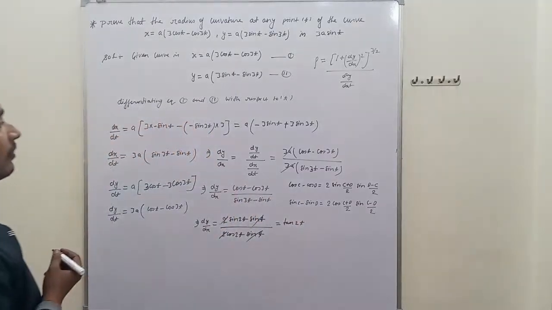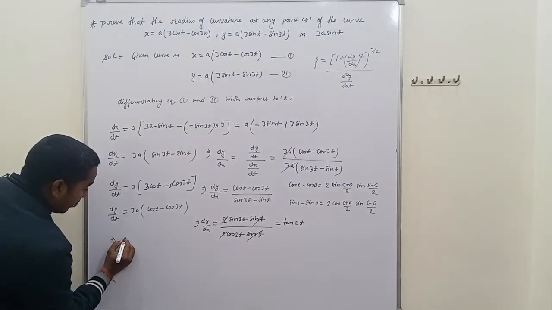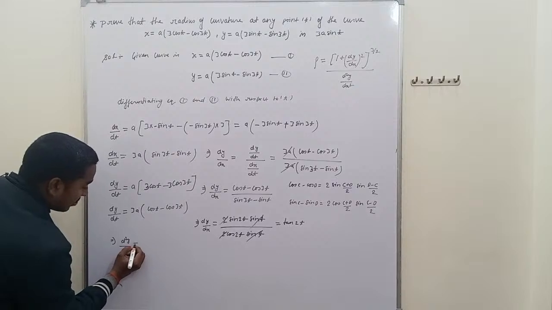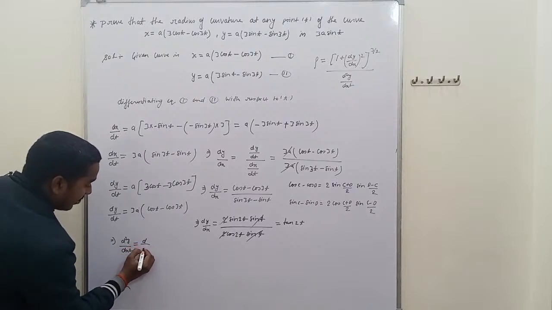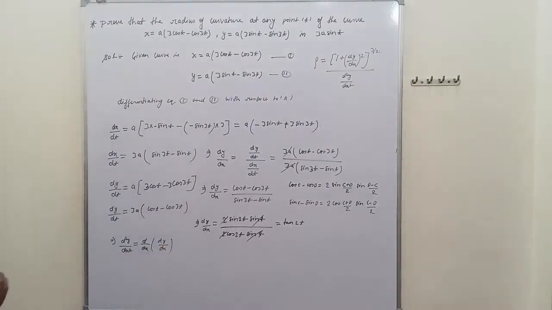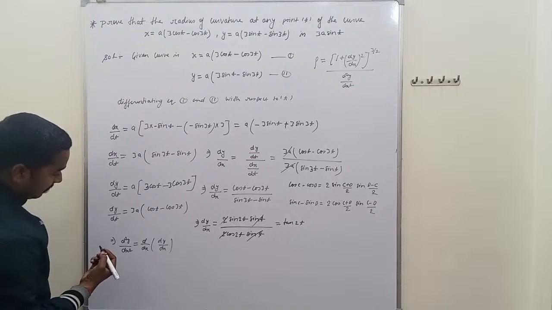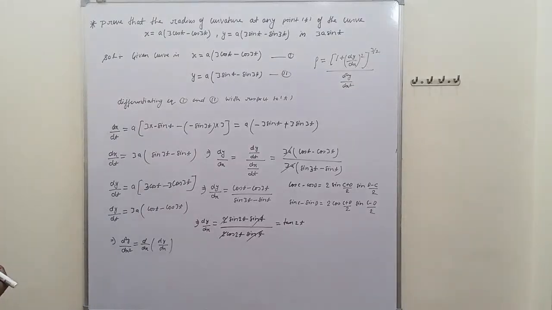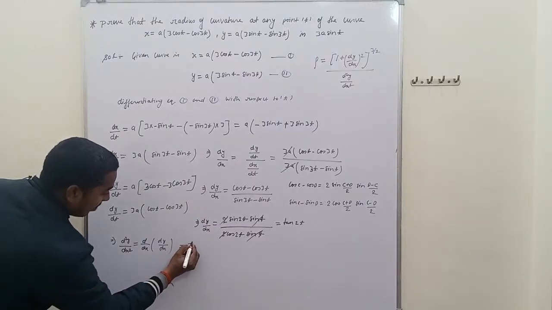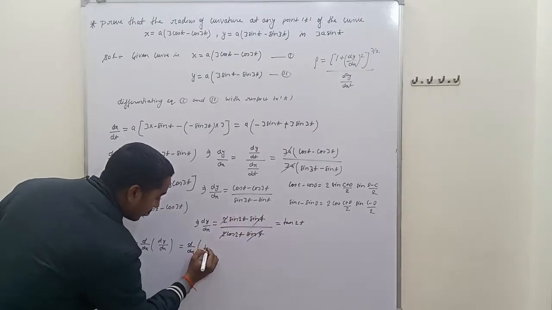Further we have to find the value of d2y upon dx2. This is written as d by dx of dy upon dx. We put the value of dy by dx here, that is d by dx of tan 2t.